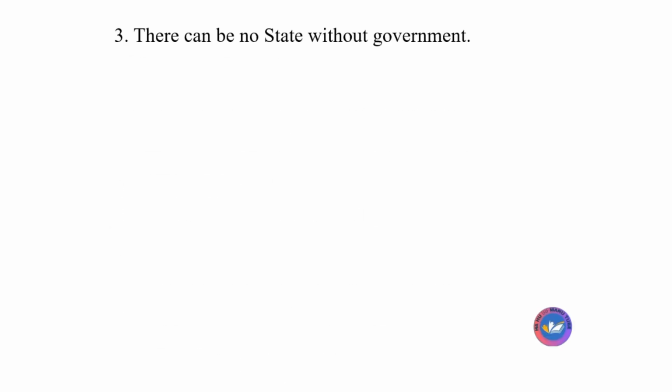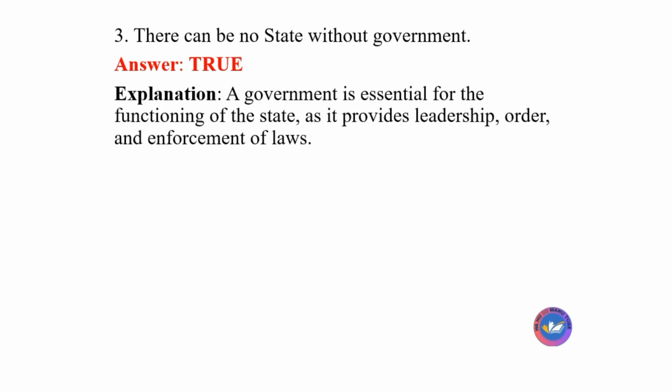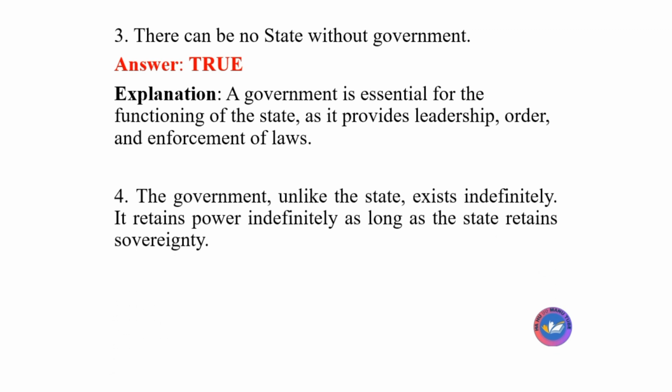Question number 3. There can be no state without government. The answer is true. A government is essential for the functioning of the state, as it provides leadership, order, and enforcement of laws. Question number 4.